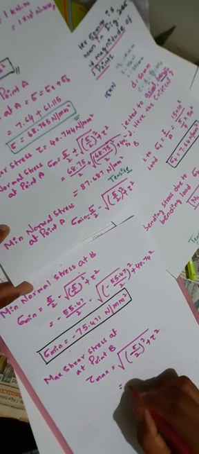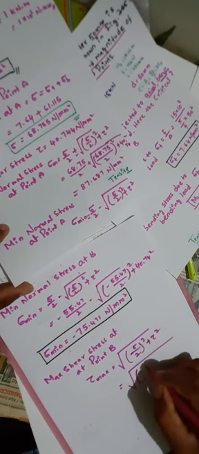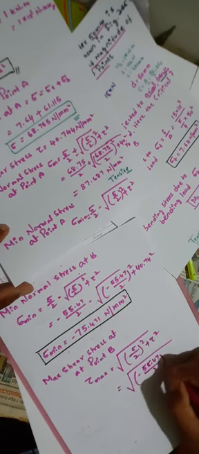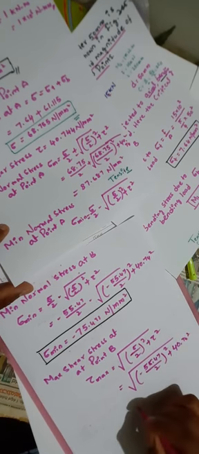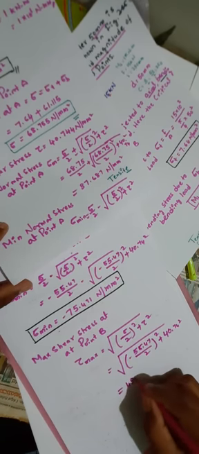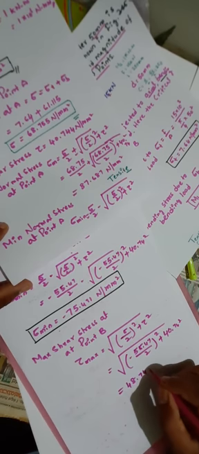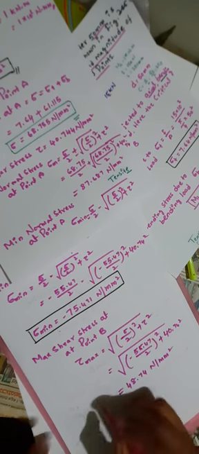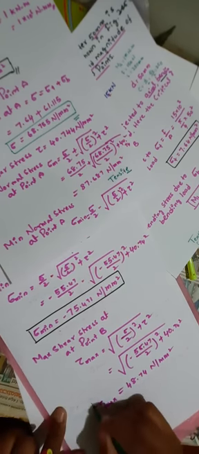If you substitute all the values in this equation, where sigma is equal to minus 55.47, divided by 2 whole square plus 40.74 square, you will get 48.74 Newton per mm square. This is tau max at point B.